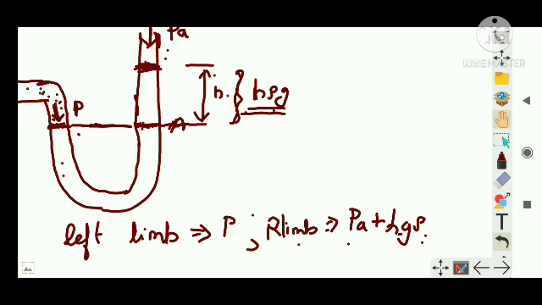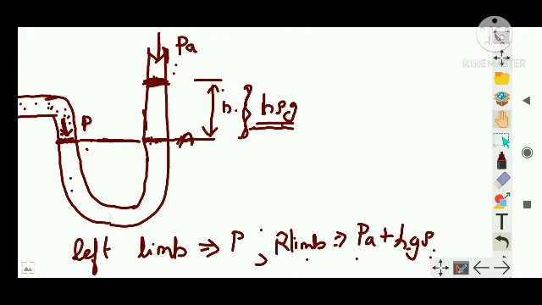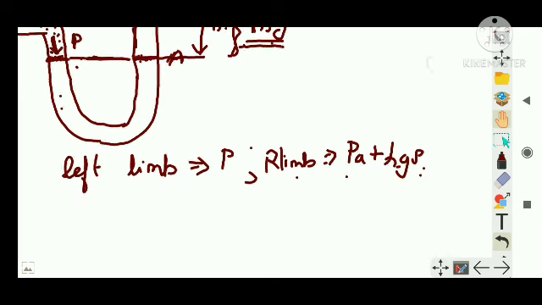So at equilibrium, this much is clear. At proper equilibrium, the pressure in this column should be equal to the right column pressure. You always place the equilibrium condition, very important.